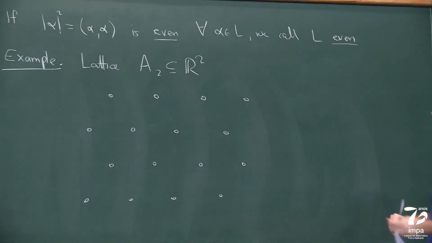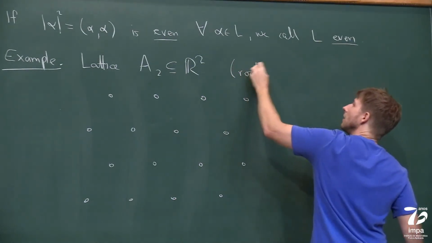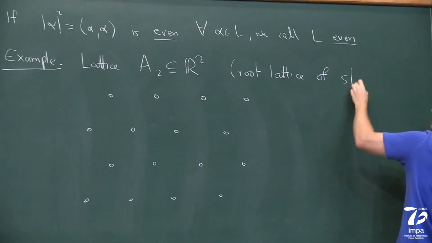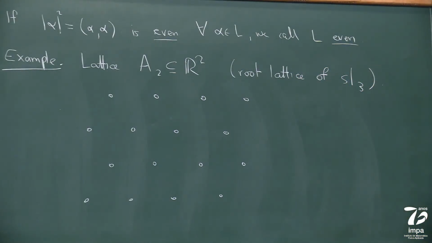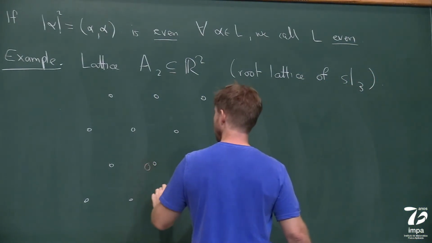So an example is this triangular lattice called A2, which is the root lattice of the algebra SL3. So here, like here's 0.